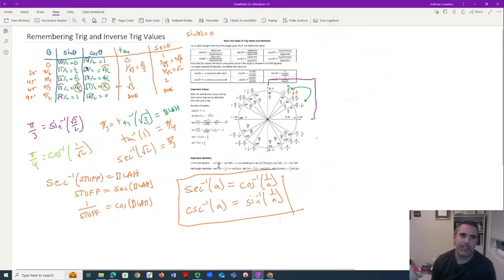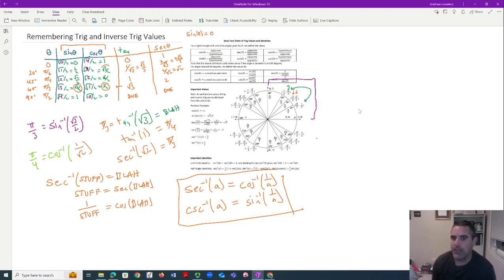But the point is, if you wanted to know what inverse secant of square root of 2 is, it's the same as asking 1 over square root of 2 for cosine. So we're just basically translating everything back to sine and cosine in all situations. With secant and cosecant, you can translate directly back.